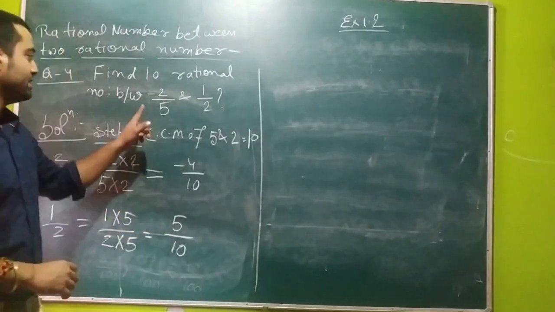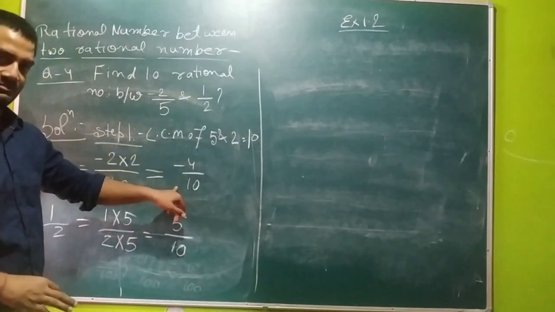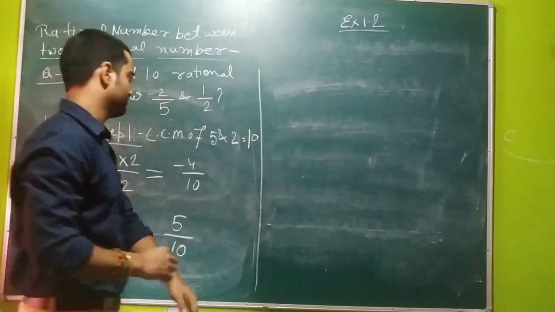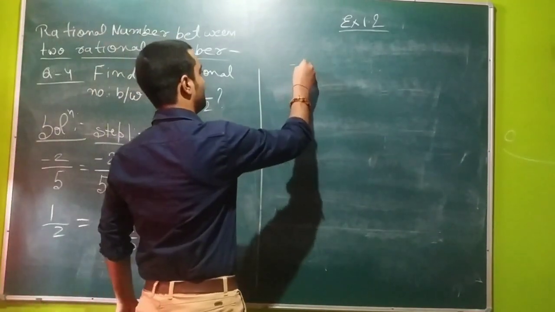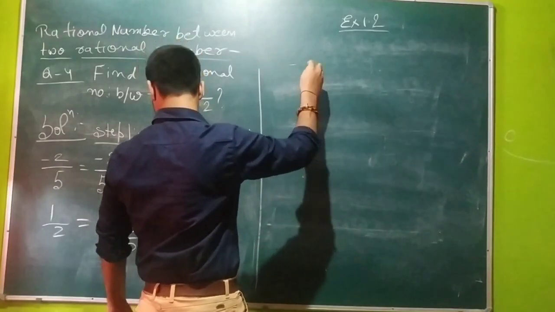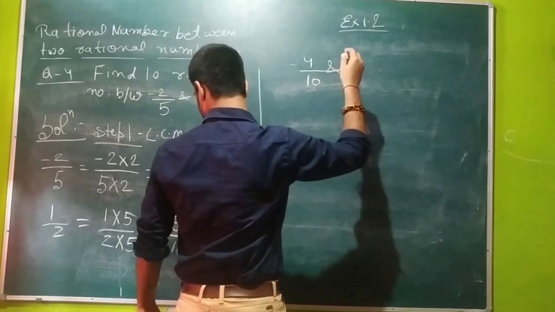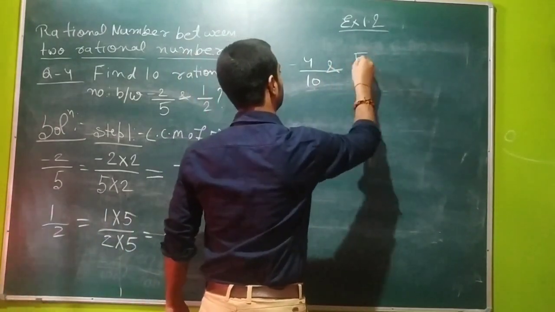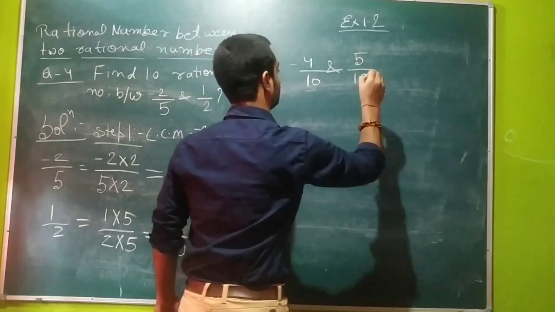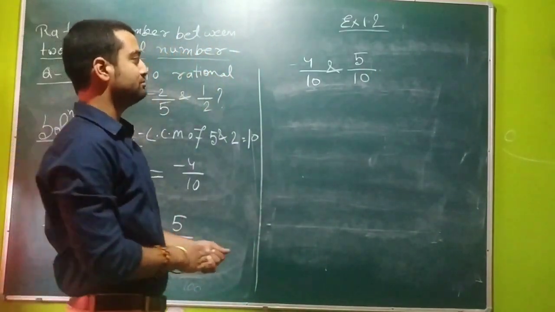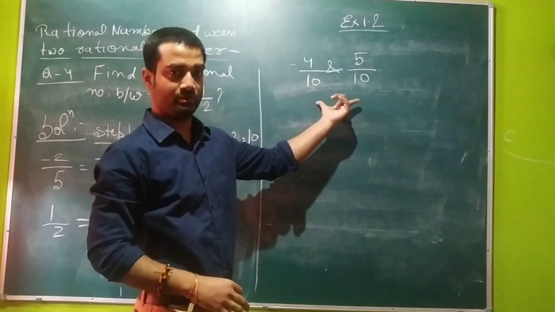Now, minus 2 by 5 has been converted into minus 4 upon 10, and 1 by 2 has been converted into 5 upon 10. So we have the numbers minus 4 upon 10 and 5 upon 10. We have to find 10 rational numbers between these two numbers.